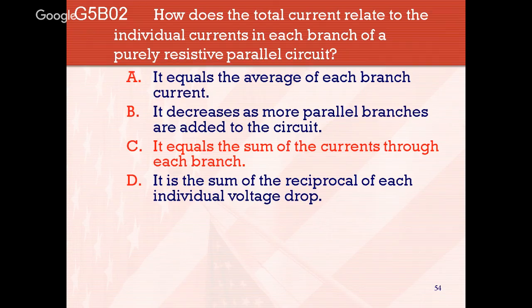If you have 50 amps going into a parallel circuit of resistors, that 50 amps is going to be divided across those branches, so that you might have 25 amps going into one, depending again on the resistance of that one branch. You might have 15 amps going into another, and 10 amps going into another branch, but they're going to come back together and again be 50 amps. So it equals the sum of the currents going through each branch.